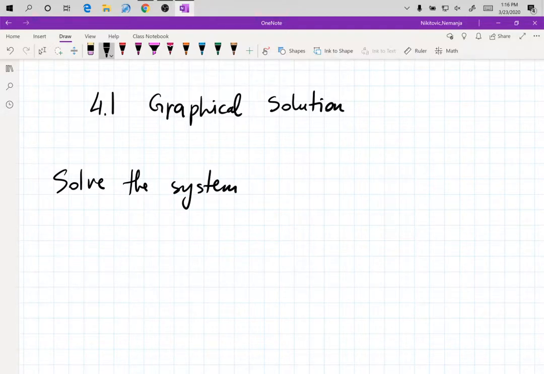And now we're going to have two equations given to us. So let's say x plus 2y equals 4 and 2x minus y equals 3.